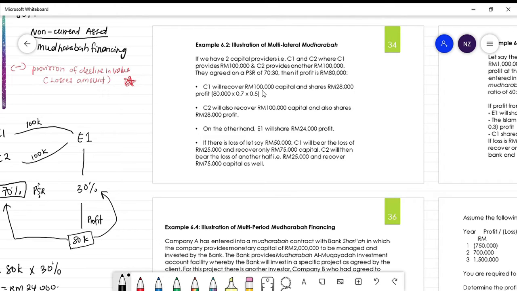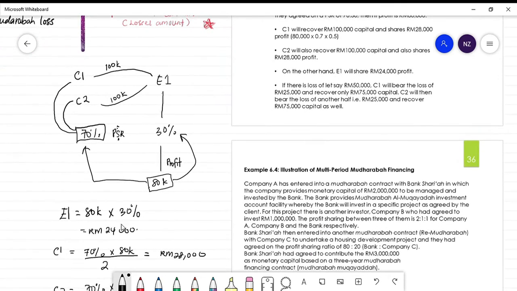You can see the capital has no deduction, so C1 recovers 100k capital. Same goes for C2, the capital will not be deducted. And then it says here E1 will share 24,000 profit. We calculated that earlier, 24,000 comes from 80k times 30%.